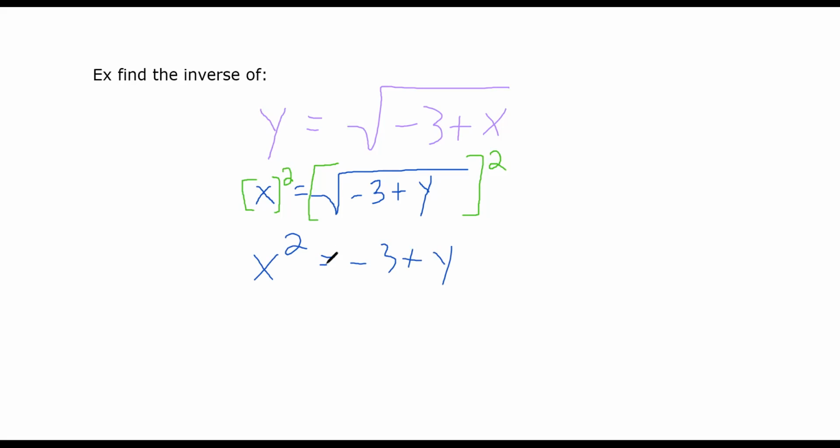Okay, so here is our new reality. Now, again, we're still trying to solve for y. The only thing bothering y at this point is this minus 3. So we'll just add 3 to both sides. So we're going to end up with x squared plus 3 equals y.